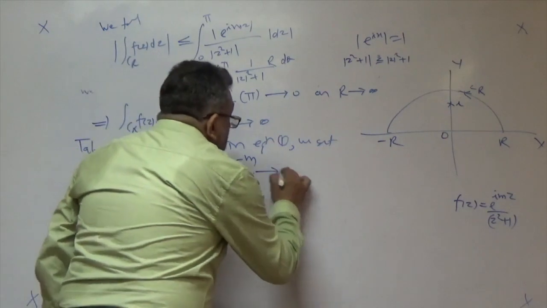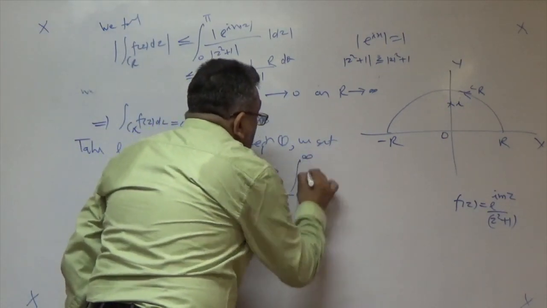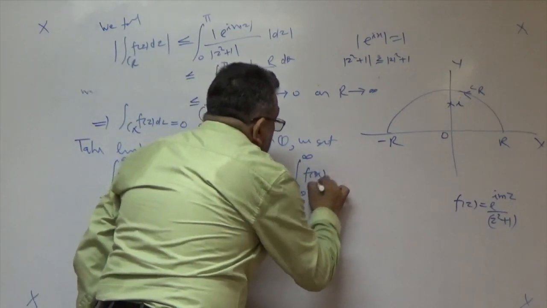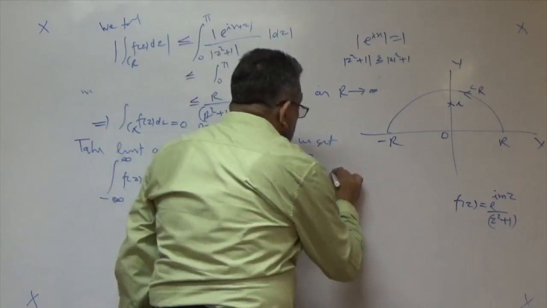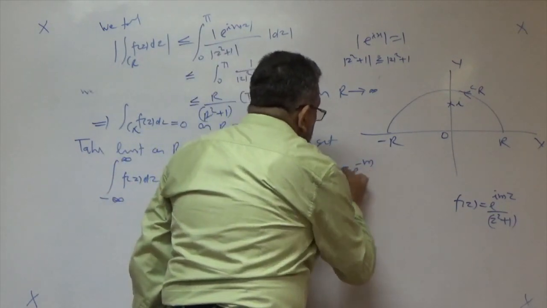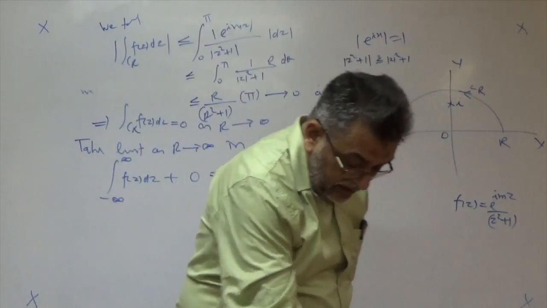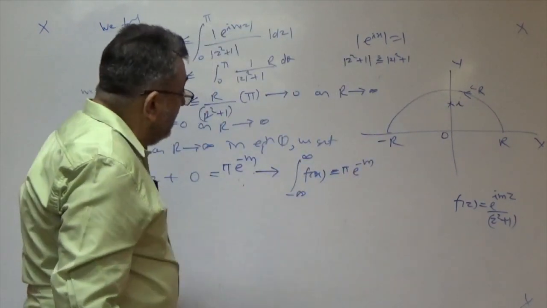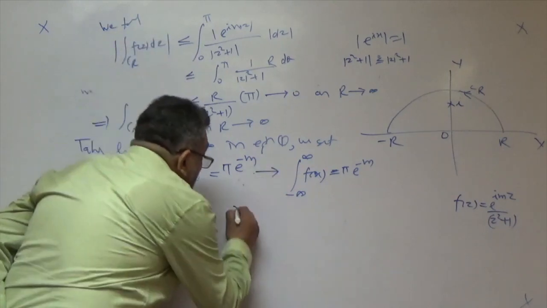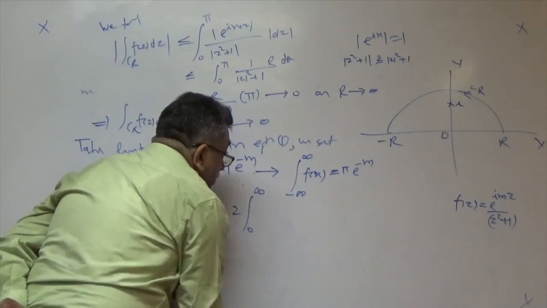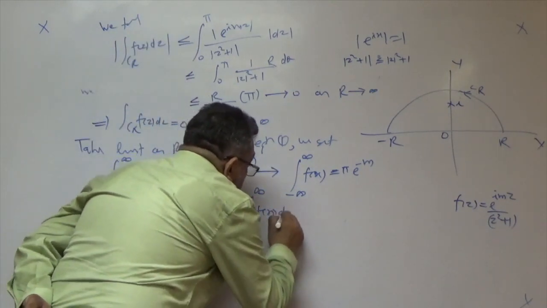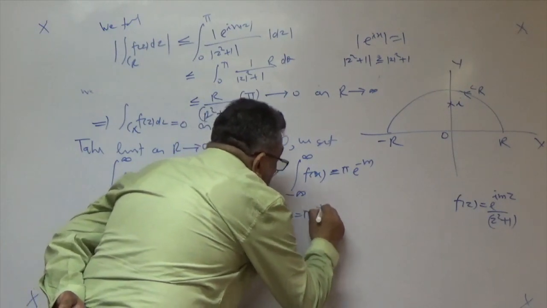And now this is simply a definite integral. We can write that the integral of f(x) from minus infinity to infinity equals pi e to the power minus m. This is a constant value, and because it is a real integral, by the property of definite integrals it becomes 2 times the integral from 0 to infinity of f(x) dx equal to pi e to the power minus m.